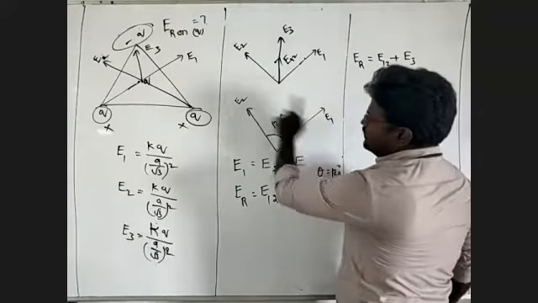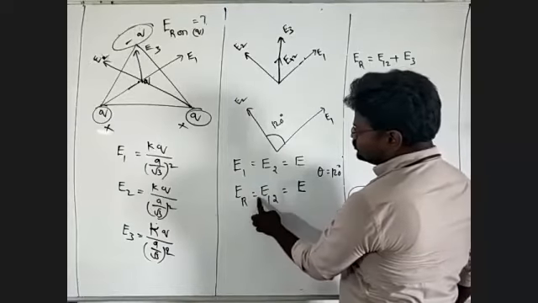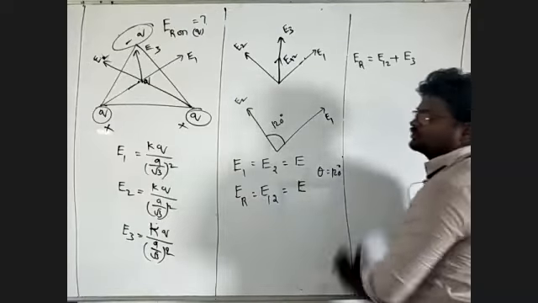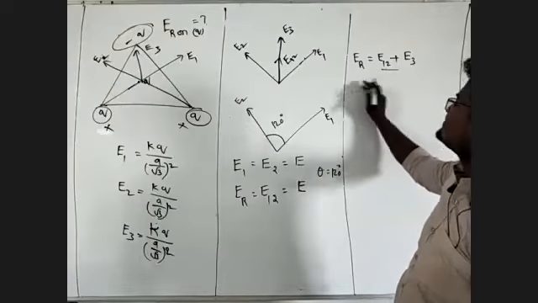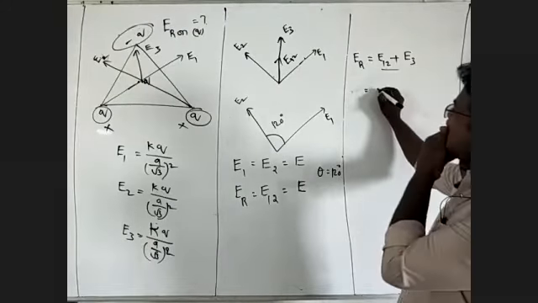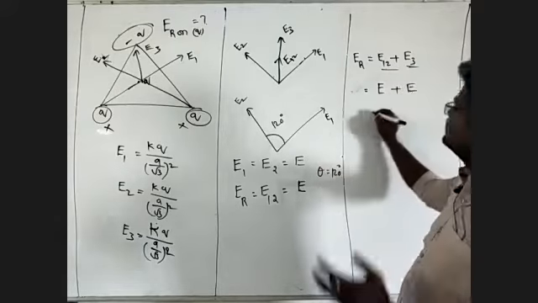We are calculating the resultant of E1 and E2, which is E12, equal to E at 120 degrees. We know very well. Now E12 plus E3 means also E.